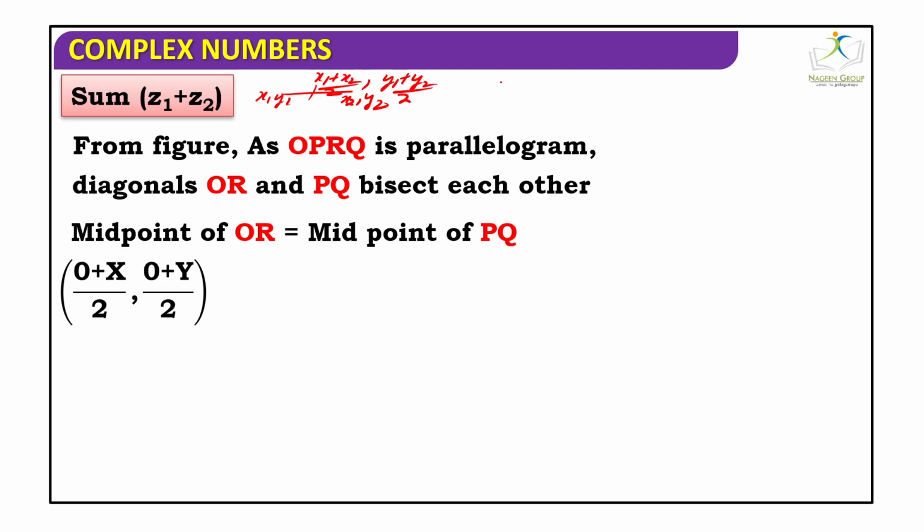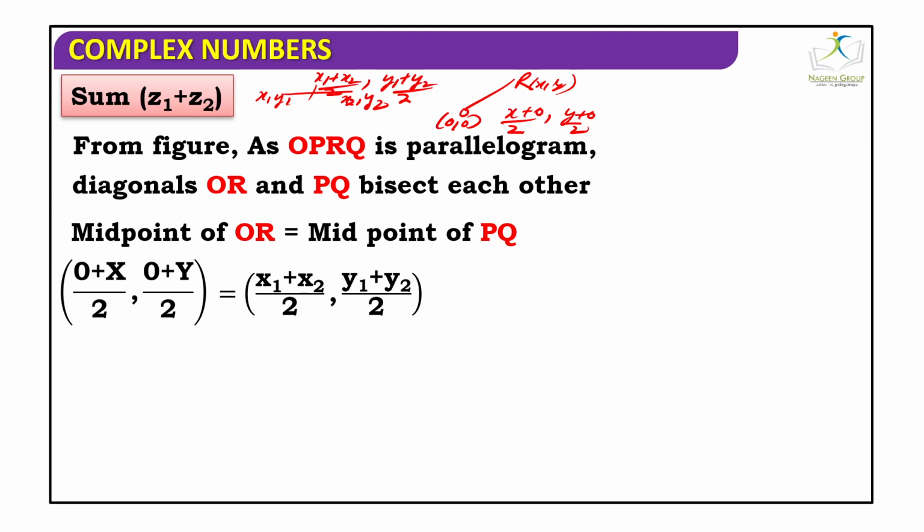So same here, for OR, the origin we have (0, 0) and this is (x, y). So this will be (x plus 0) by 2 and (y plus 0) by 2, right? So the midpoint of PQ will be (x1 plus x2) by 2 and (y1 plus y2) by 2.